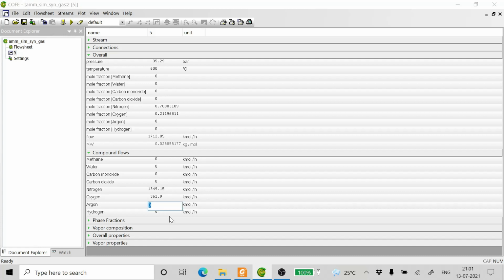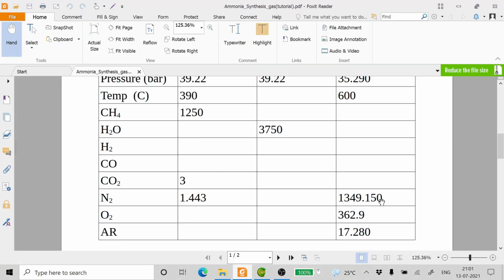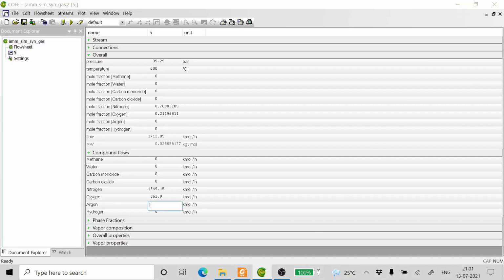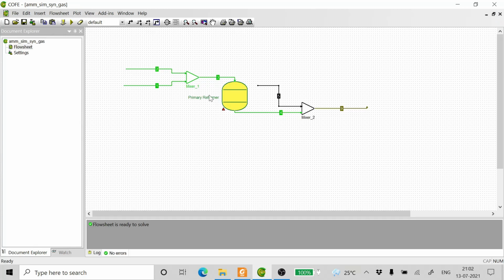Now we also enter the argon flow rate, 17.280. Click. And now we are done with the flow rate of air.